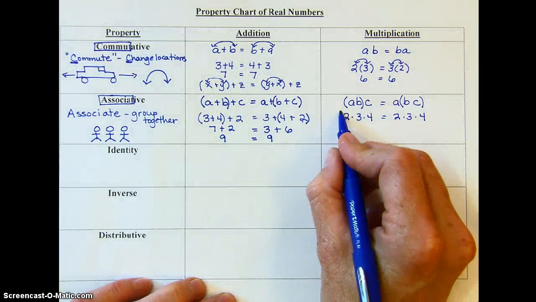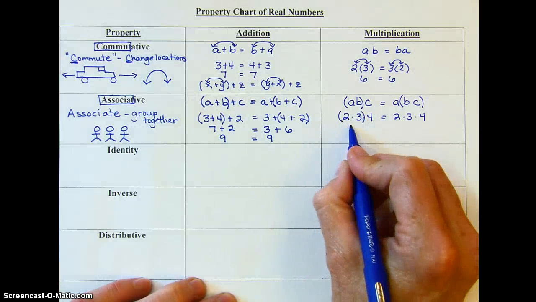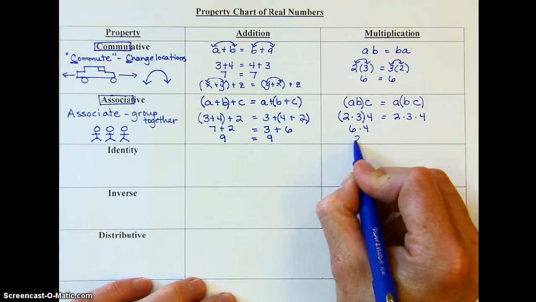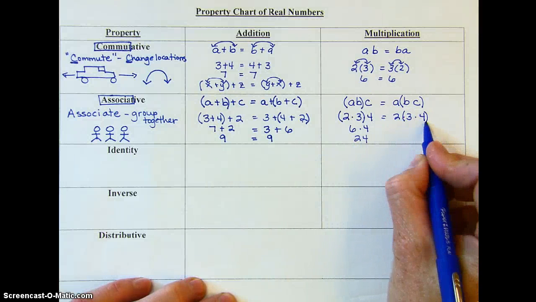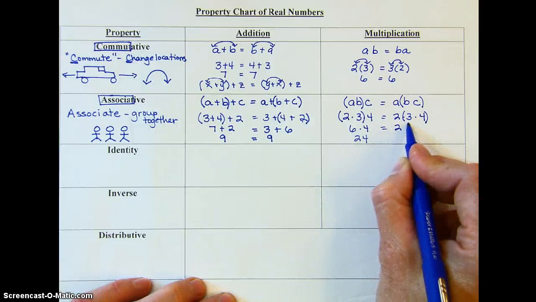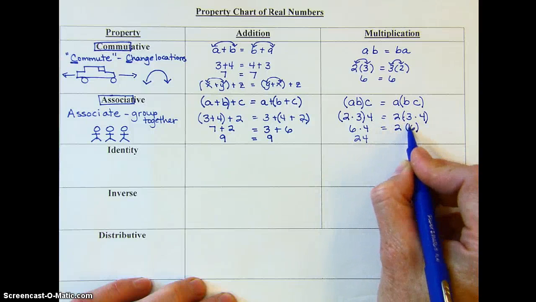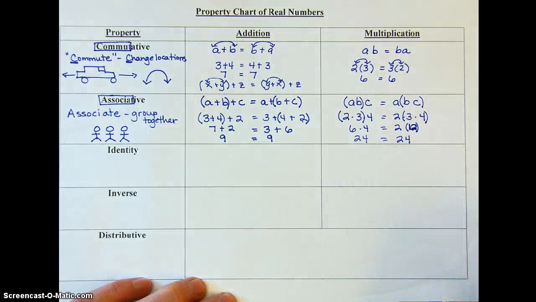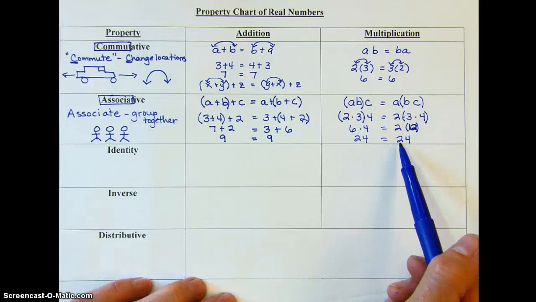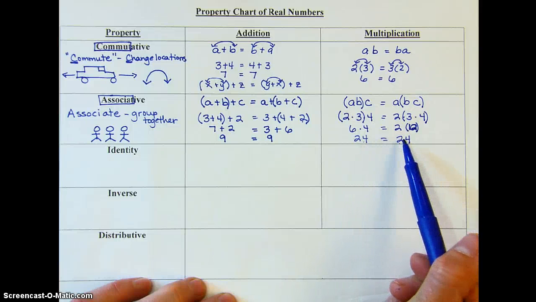If I group together 2 and 3, I get 6 times 4, which is 24. If I group together 3 and 4, I get 2 times 12, excuse me, and I still get 24. So you can see here that it does not affect the value.